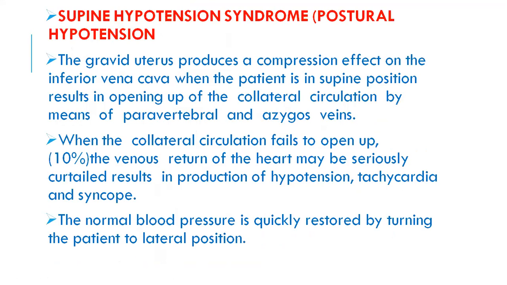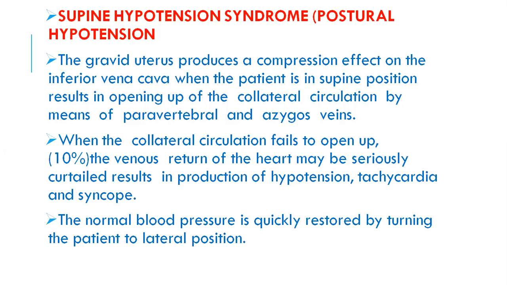So, what is supine hypotension syndrome, or postural hypotension, that we notice in a pregnant woman? What happens? The gravid uterus produces a compression effect on the inferior vena cava when the patient is in the supine position. This results in opening of a collateral circulation by means of paravertebral and azygous veins.